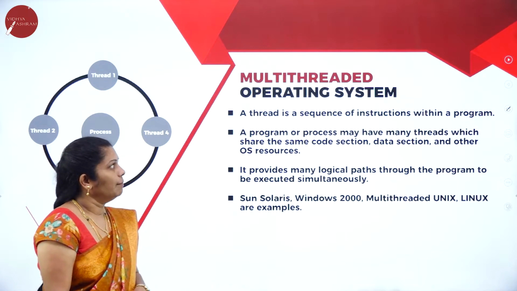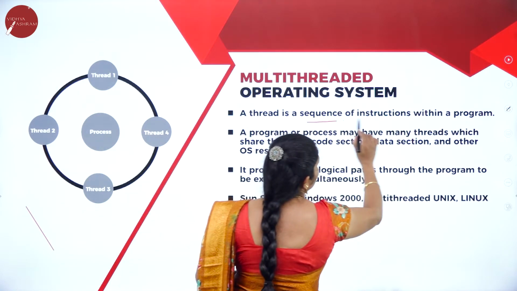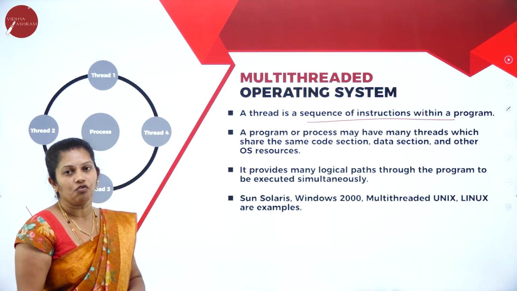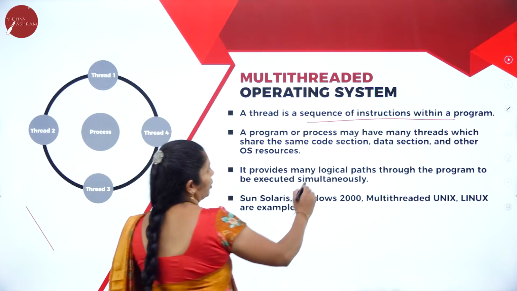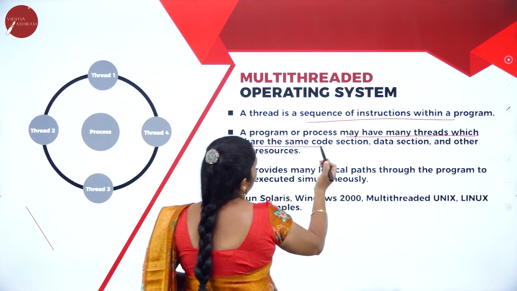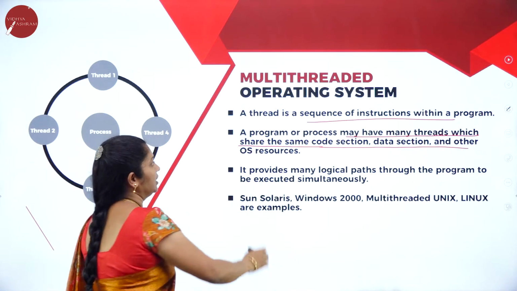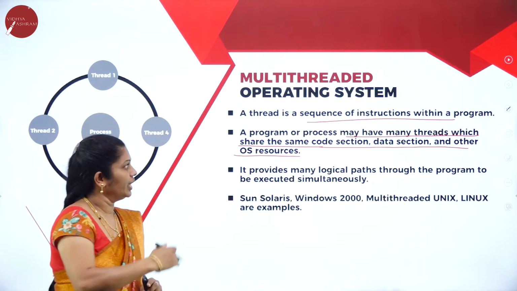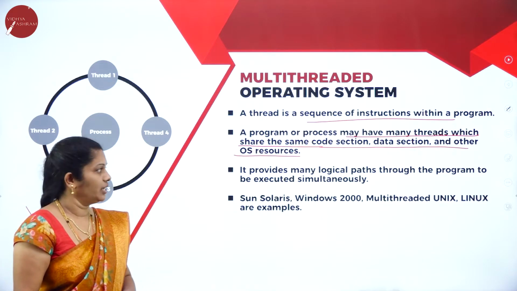Next, when we come to the multi-threaded operating system, a thread is a sequence of instructions within a program. It is a set of program statements it contains. A program or a process may have multiple threads which share the same code section, data section, and other operating system resources. They can share the same code, sections, and data, everything here.